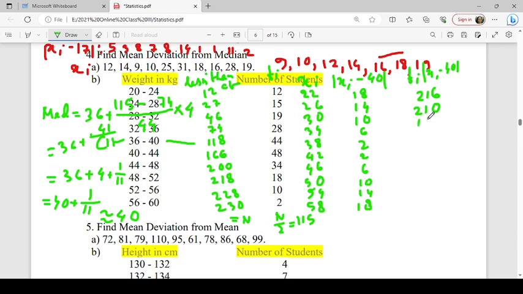And 19 into 10, it is 190. 28 into 6, it is 168. 2 into 44, 88. Then 2 into 48, 96. 6 into 34, 204. Then 18 into 10, it is 180. 10 into 14, it is 140. And 18 into 2, it is 36.